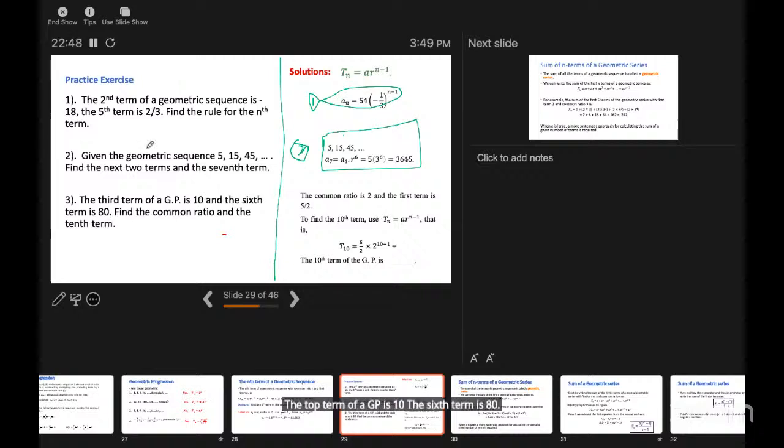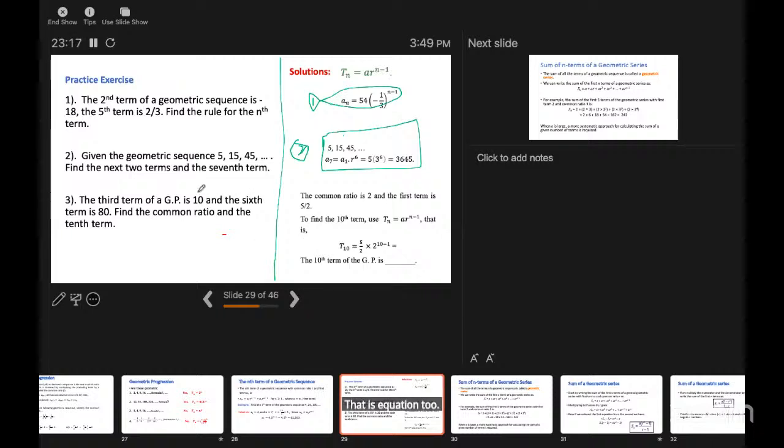Just like the example that we did the other time, you find T10 using the formula Tn equals AR to the power n minus 1. You find T3, that is equation 1, and T6, which is 80, that is equation 2.